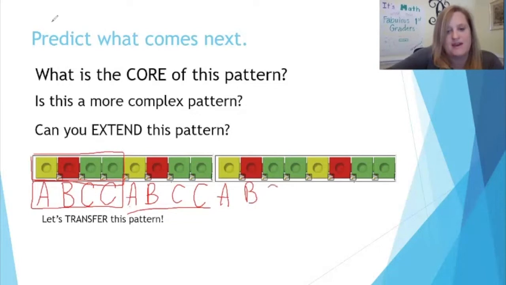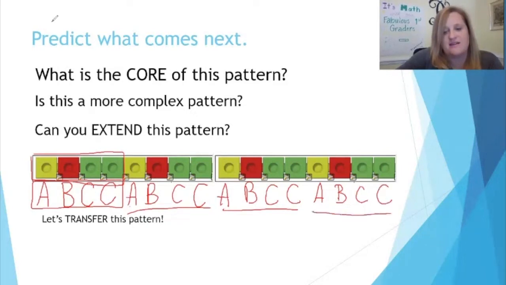A, B, C, C. Yellow is A, red is B, green is C, green is C. So when you transfer a pattern, you're showing the pattern in a different way or in a different form. So these two patterns are the same, but they are just using different forms. One is the color pattern, yellow, red, green, green. One is a letter pattern, A, B, C, C.